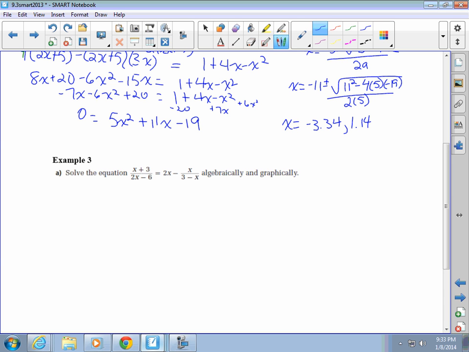Okay. So this says, solve the equation (x + 3)/(2x - 6) = 2x - x/(3 - x) algebraically and graphically.